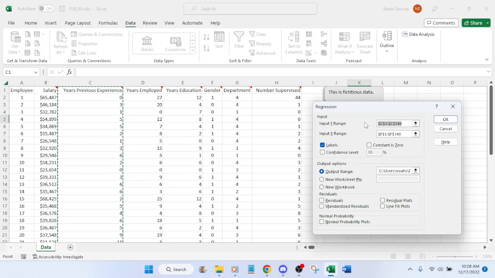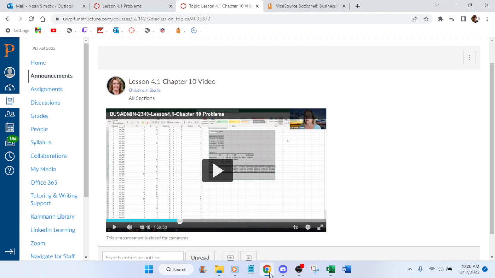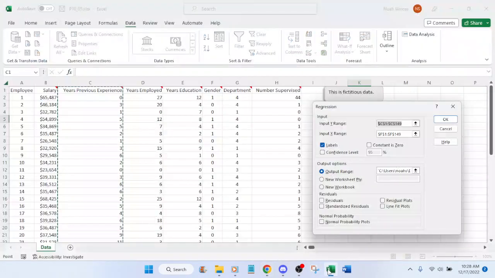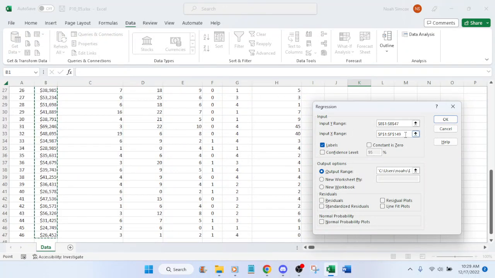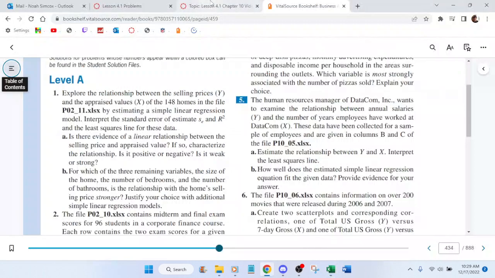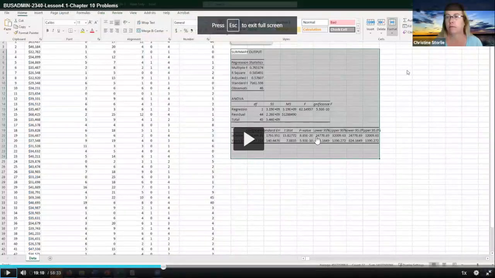This one, the Y is going to be annual salaries, and this X will be years employed. I think it's years employed, right? Years employed. Just double checking.